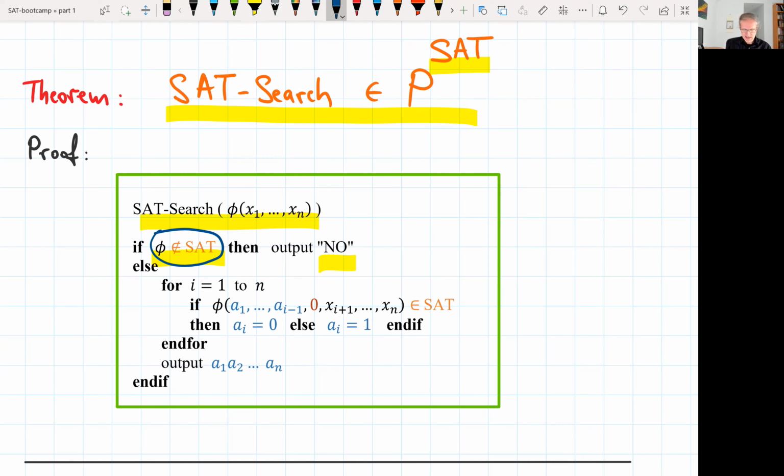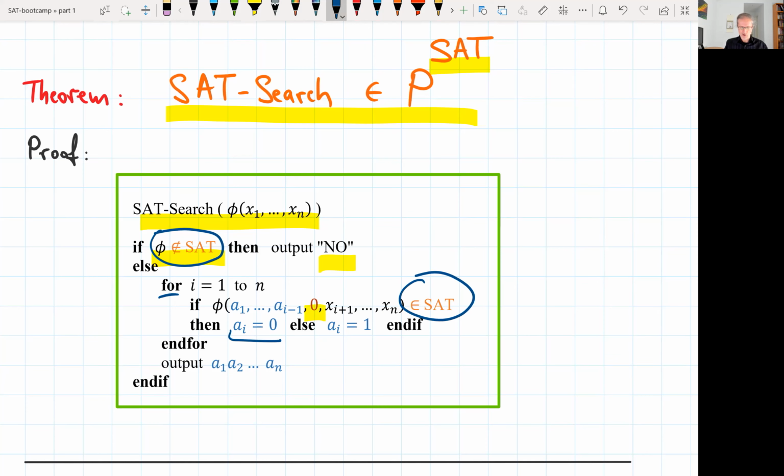Okay, so more precisely, I have this for loop, and I try fixing the ith variable in my formula phi with a constant, starting with a 0. And if that works, this is another SAT oracle call here. If that makes the formula satisfiable, then I'm very happy, and I freeze my value of ai to be 0.